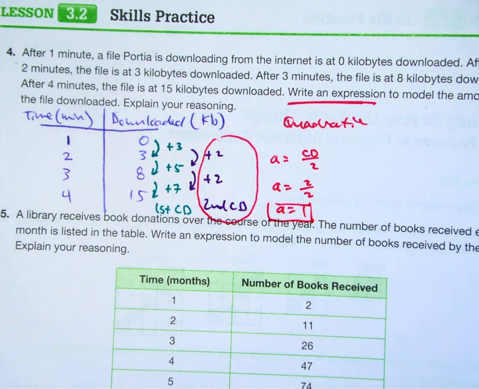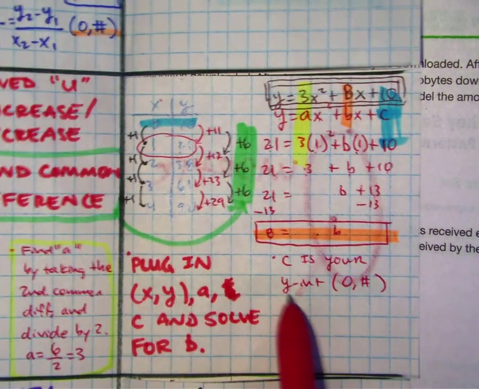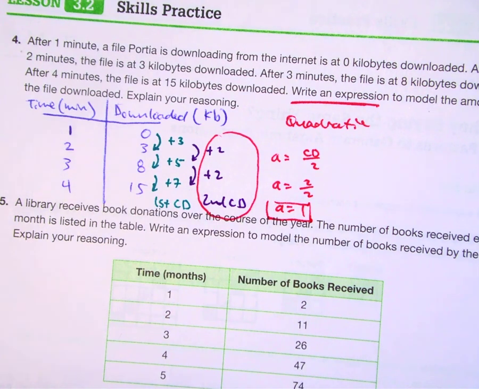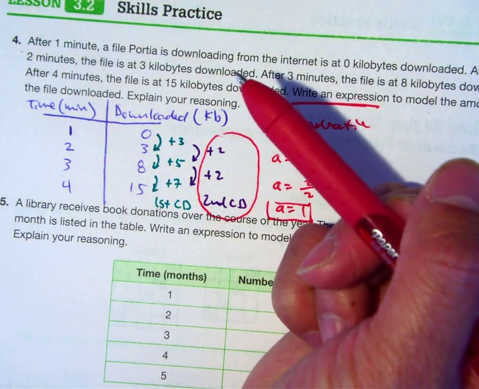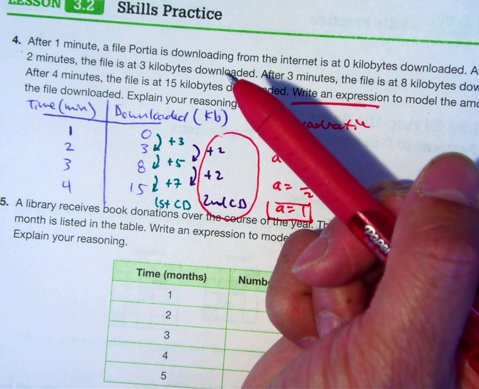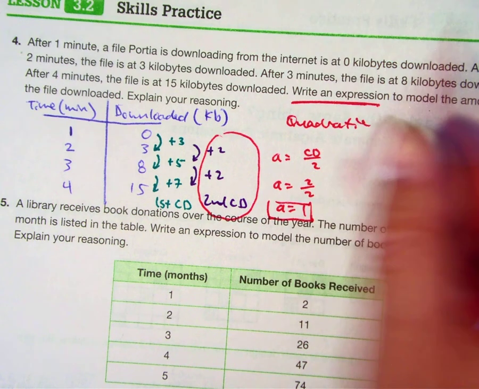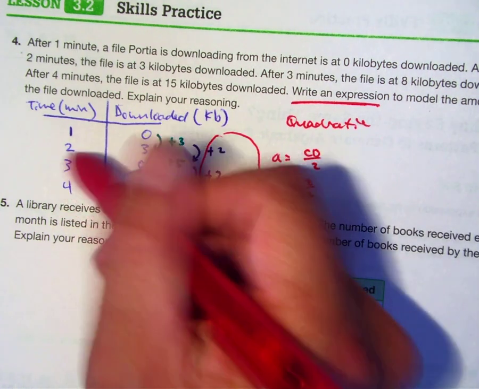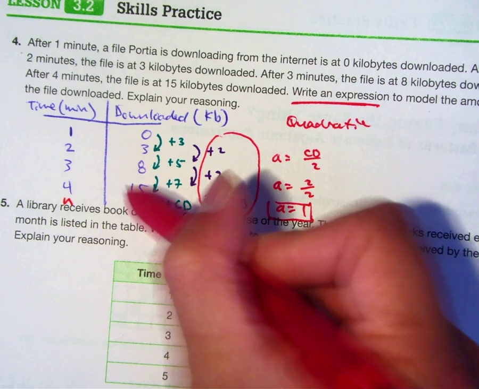And then your c value in this problem is just your 0, comma, a number. So if n is your time, then your expression is going to be n squared minus 1.